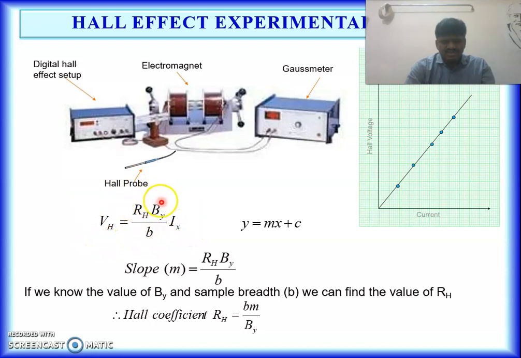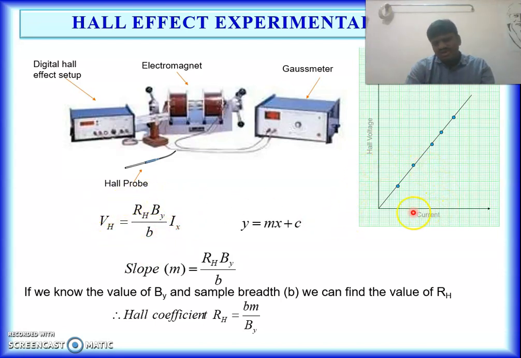Here RH B by D is a constant value, but whenever you vary the applied current, we observe an increase of the Hall voltage. So this looks like y equals mx plus c, where m is the slope, and it is a linear equation. This is also a linear equation having the slope of RH B by D if you draw the graph between these two.